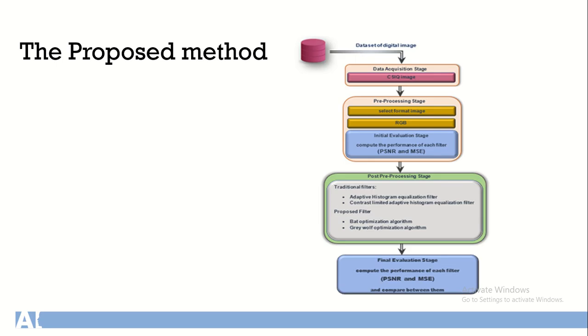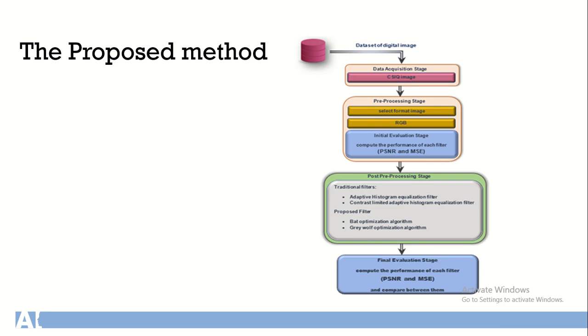The proposed method. In this paper, we applied an adaptive intelligence filter, BAT and Gray Wolf optimization, to enhance the contrast of color images at different levels of brightness and density, and compared the proposed algorithms with the contrast limited adaptive histogram equalization filter.